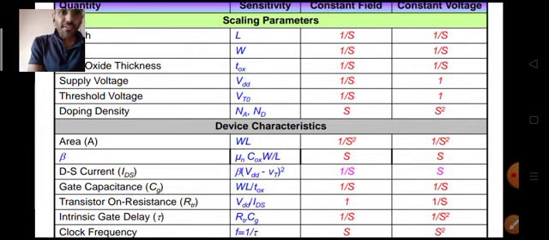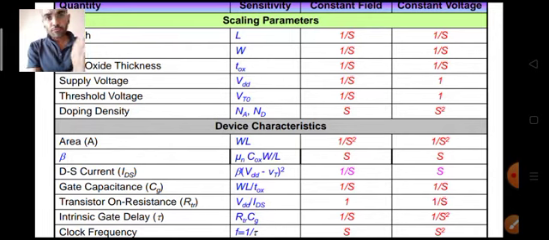So considering this equation, if you substitute everything in the equation, what we have derived earlier as well, you will see that in the saturation, the drain to source current becomes 1 by s for constant field, whereas for constant voltage scaling, the drain current will be multiplied by s. So you see the parameters are automatically changing.